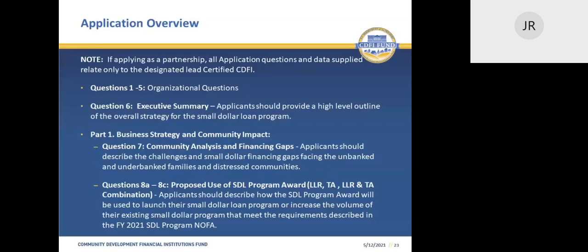Question 7 is on community analysis and financing gaps, where you talk about the need in your proposal to address those small dollar needs. Question 8, which has several subcomponents, is about how you're going to use the award. So are you going to use it for loan loss reserves, technical assistance, or a combination of the 2?